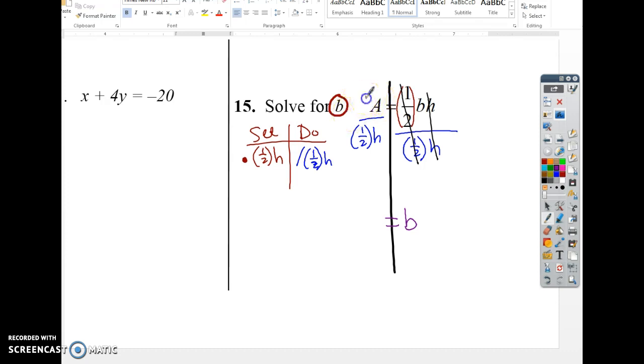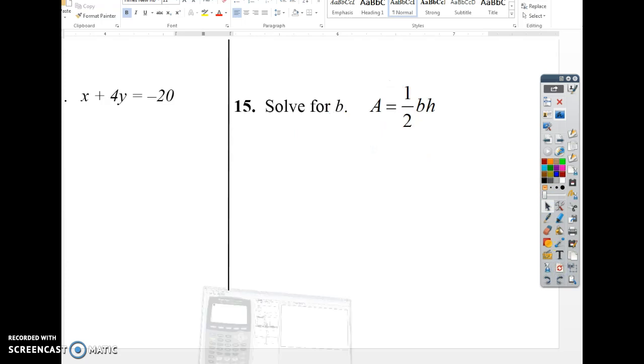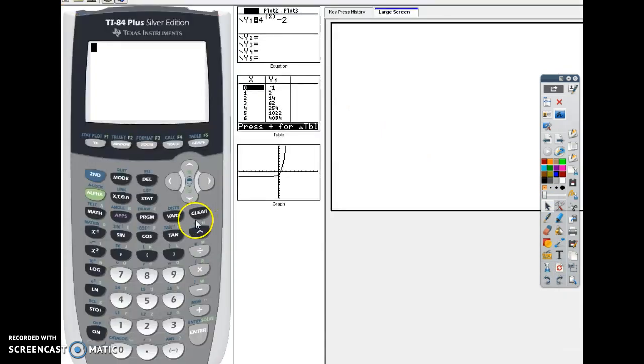Now, there is a 1 right here. Remember, we have to divide our numbers. 1 divided by parentheses 1/2. Now, you would do that in the calculator. 1 divided by parentheses 1/2, enter, and it's going to give you a positive 2.